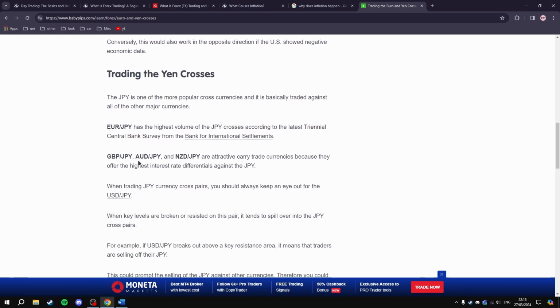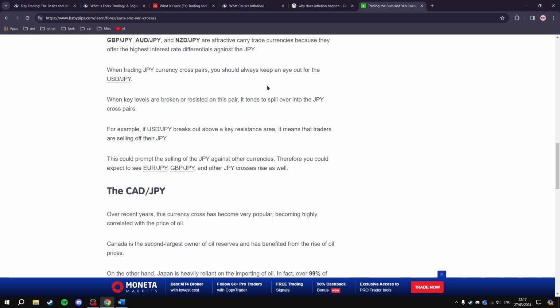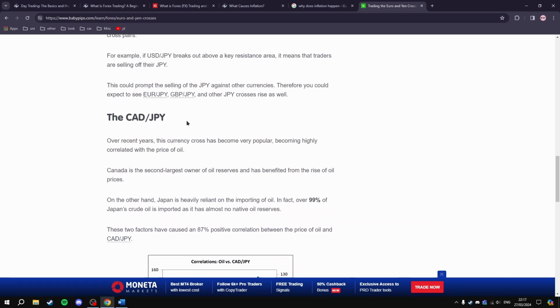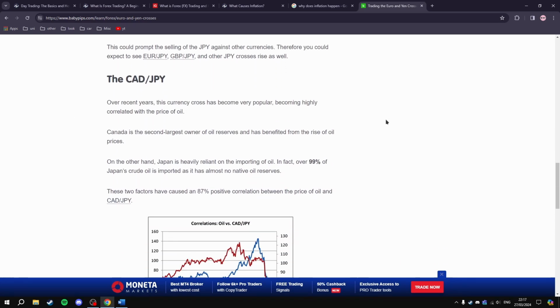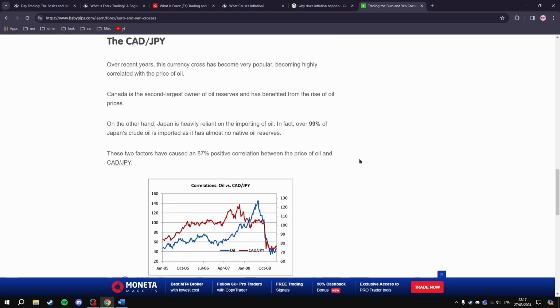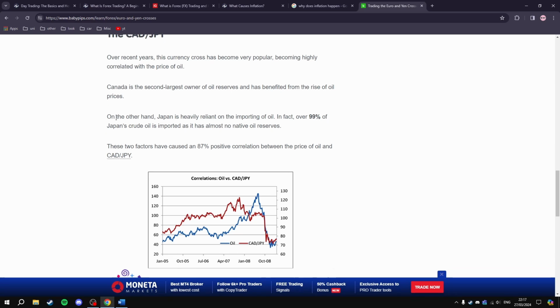GBP/JPY, AUD/JPY, NZD/JPY are attractive carry trade currencies because they offer the highest interest rate differentials against the JPY. And the CAD/JPY is known as the oil something, because the two factors have caused an 87% positive correlation between the price of oil and CAD/JPY. Correlated with the price of oil, there we go.